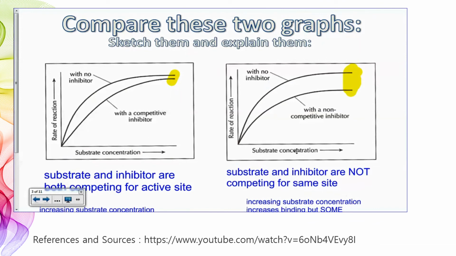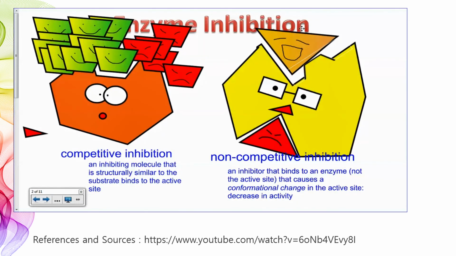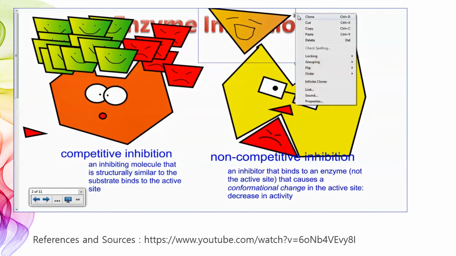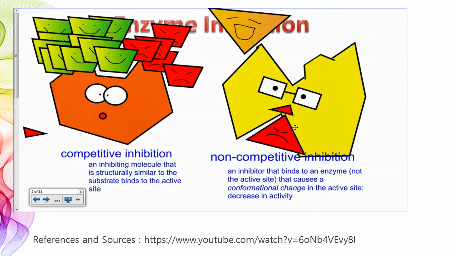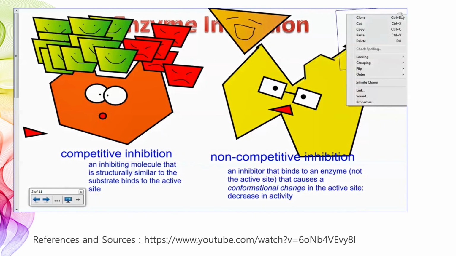Over here though, for non-competitive inhibition, you can see with no inhibitor everything's fine and dandy, but with the inhibitor it's lower as expected, and even at very high substrate concentrations I can't seem to overcome the effect as I would in competitive inhibition. So let's illustrate that here really quick. Turn this guy into an infinite cloner, and we have a bunch of these guys as well.